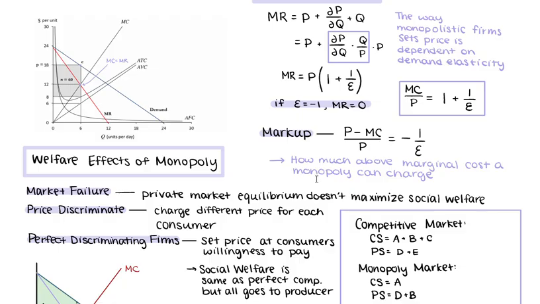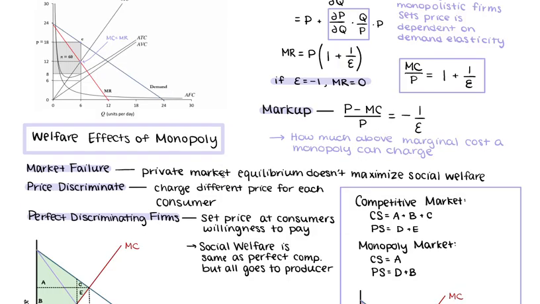It shows how much above marginal cost a monopoly can charge. How much price minus marginal cost a monopoly can charge really depends on demand elasticity.